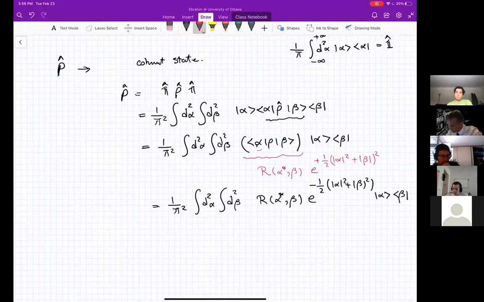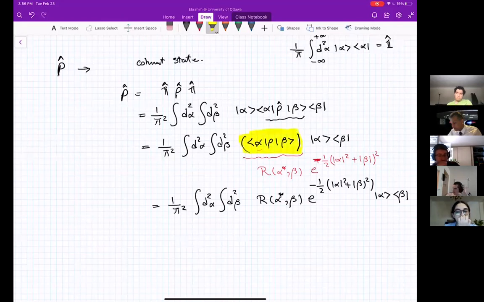I think that should be a minus sign. It should look like your book. Okay, so that's a formalism that you do have. People have different representations for this.